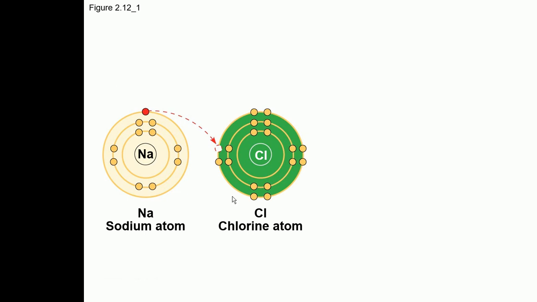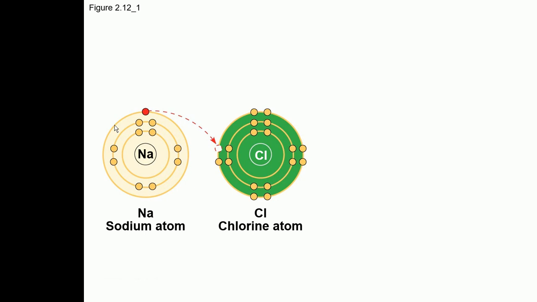Chlorine on the other side has 17 electrons: 2 in the first one, 8 in the second one, and 7 electrons in the third energy shell. So sodium is 2, 8 and 1, and chlorine is 2, 8 and 7.